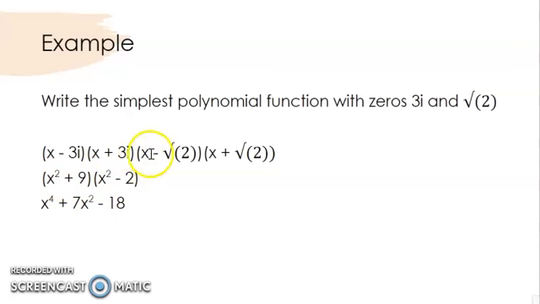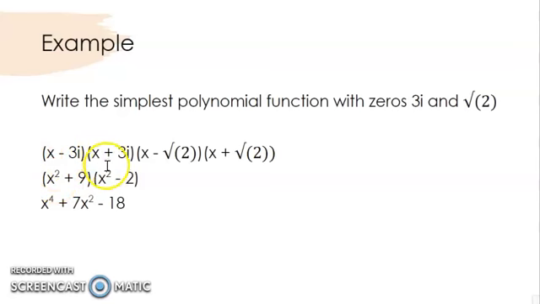Now the same thing is true here. This is a difference of two squares because they're exactly the same, and the only thing that changed was this sign in between. So you square the x, you write a minus sign, and you square the square root of 2, which just gets you 2. Now all we have to do is multiply these two together.